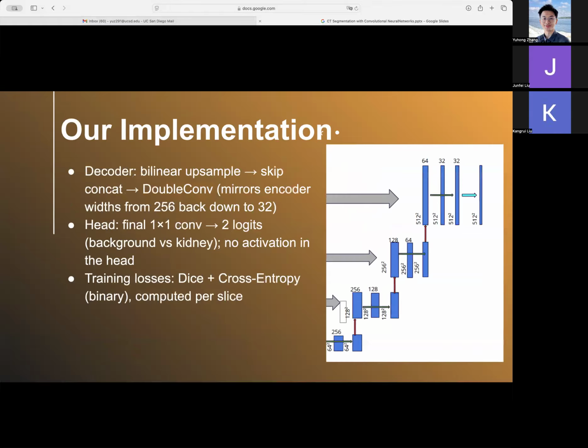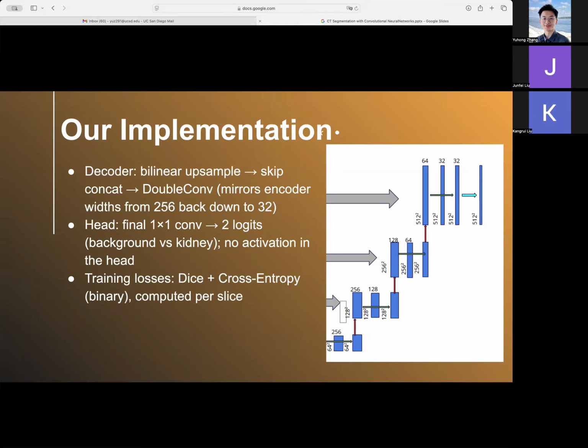Next slide, please. And afterwards, we use the decoder with bilinear upsampling, with all the red arrows representing the bilinear upsampling. And finally, after all the decoder stages, it comes back to a head, which is a final one by one convolution layer, and then it is passed to output a two-channel output.